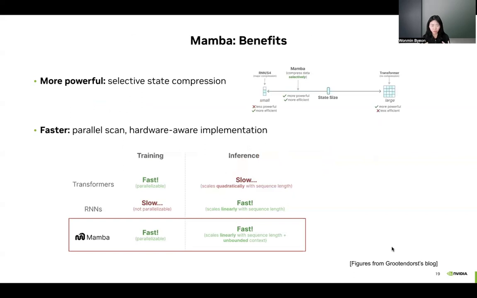And with these key features, Mamba is more powerful because of the selective state compression, and also much faster because of the parallel scan and the hardware-aware implementation. So the good thing is that now the inference speed is as fast as RNNs because it scales linearly with the sequence length, and also because it can be parallelized, the training is fast as well.